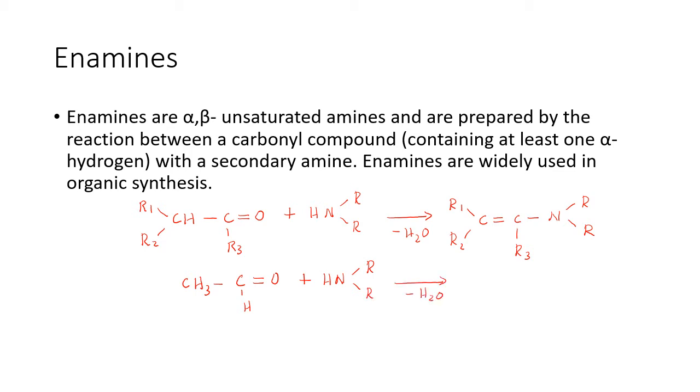A molecule of water is eliminated and we get a compound CH2 double bond CHNR2. So this is an alpha beta unsaturated amine. So these are called enamines, or in general we can represent it like this.